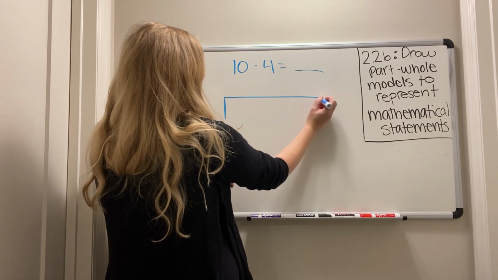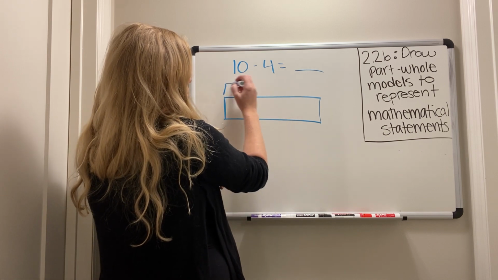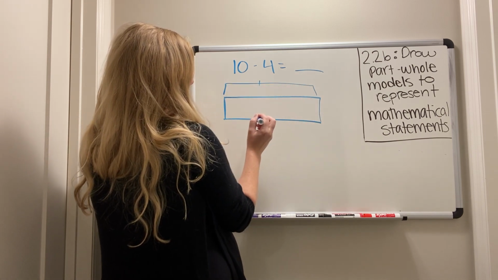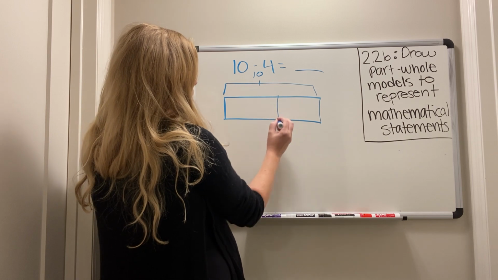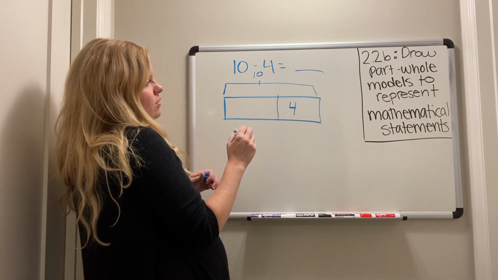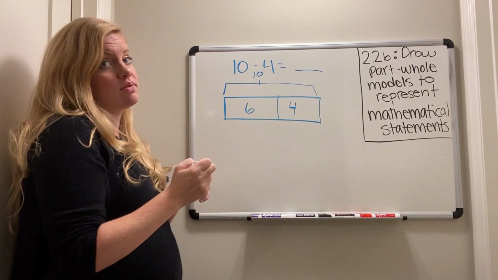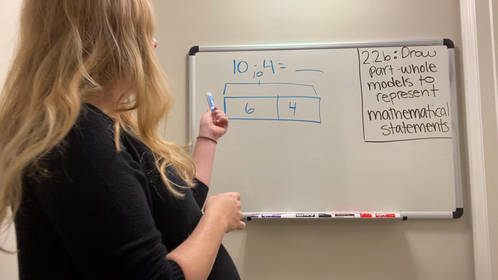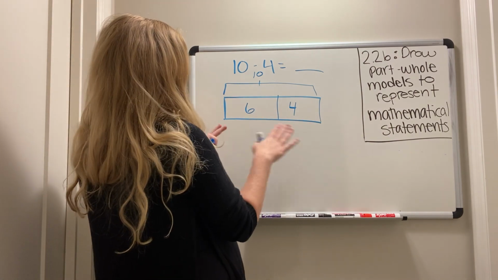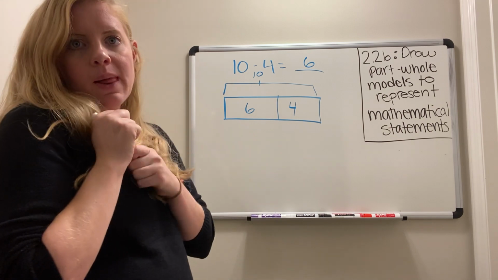Okay, we could still do a part-whole, right? The whole is what? We already know the whole. 10. A part is 4, and then we're looking for the other part. And we all know that 10 minus 4 is 6. So that's how you would draw a subtraction sentence using a part-whole model.